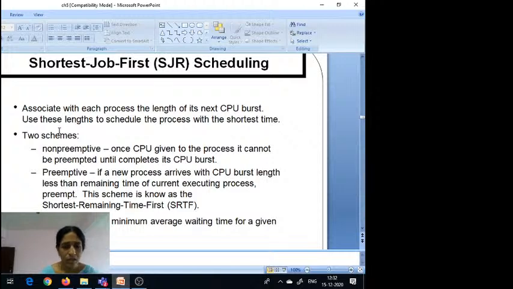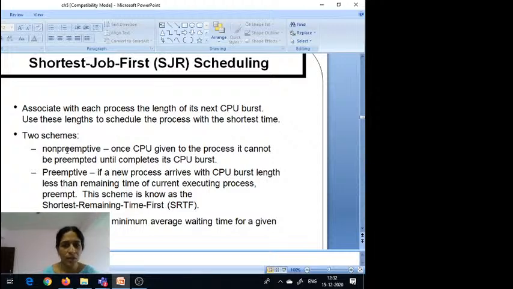So one is the non-preemptive version and the other is the preemptive version. Coming to the non-preemptive version, once the CPU is given to the process, it cannot be preempted until it completes its CPU burst time. First come first serve is a non-preemptive version.